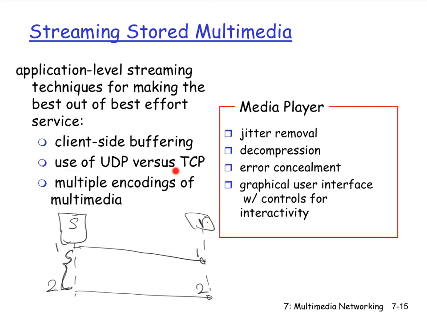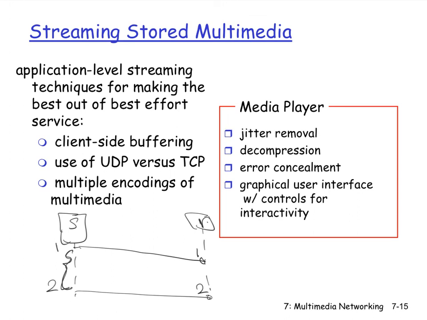And then we use UDP versus TCP, and for each one of them we talked about different issues. UDP does not provide anything, TCP provides everything, and we don't need either. We need something in between, and that's why we need other protocols like RTP and RTCP to get us to the consistent quality that we want.